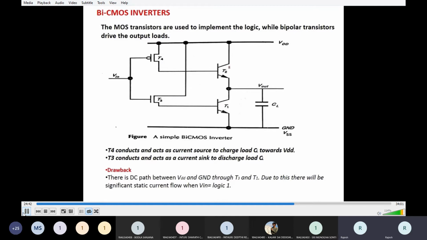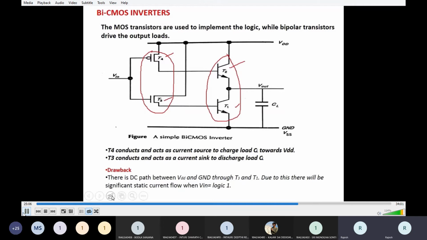So these are bipolar transistors and these are MOSFET transistors. This is PMOS, this is NMOS, which is nothing but CMOS, and this is nothing but bipolar technology. So in BICMOS, bipolar junction transistors are there and CMOS transistors are there.